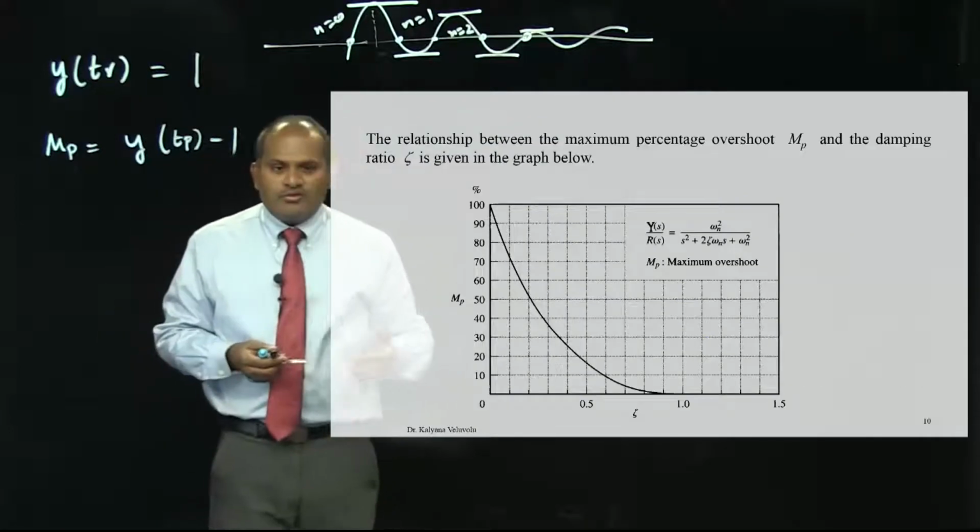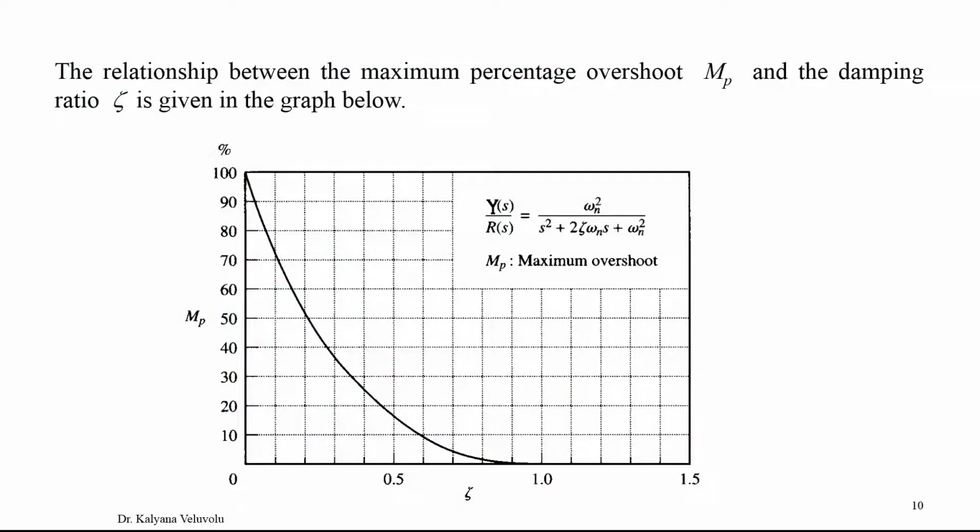So this is a good relationship graph between overshoot and eta, and it's quite informative. This is for a standard second order system. On the x axis is eta and the y axis is MP, overshoot.